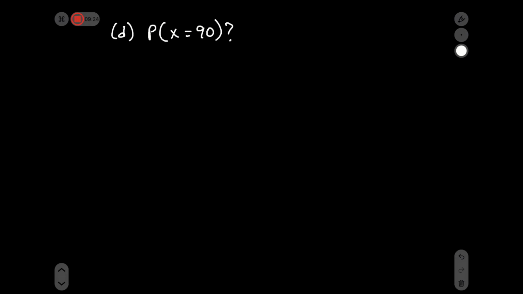Because on each part of this number line, we're dealing with a continuous distribution. And so we know that between these two values, there's an infinite number of possible values that x could take on.